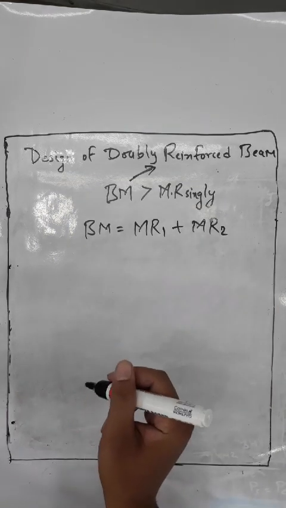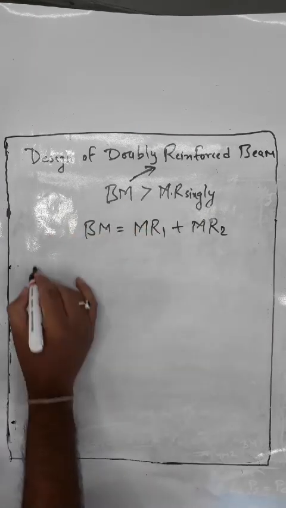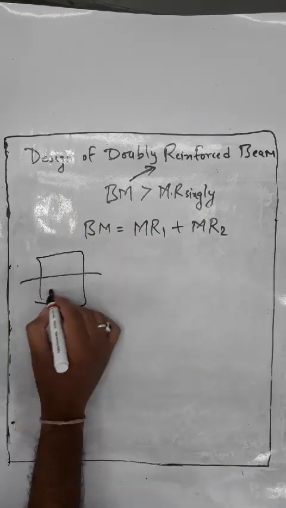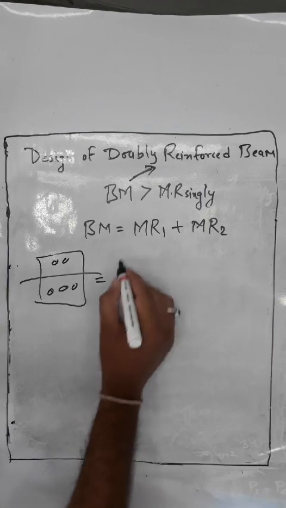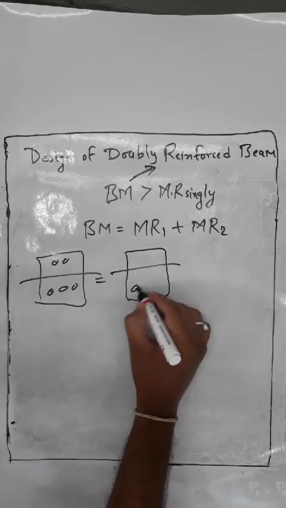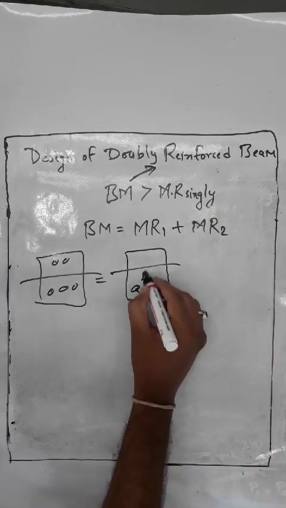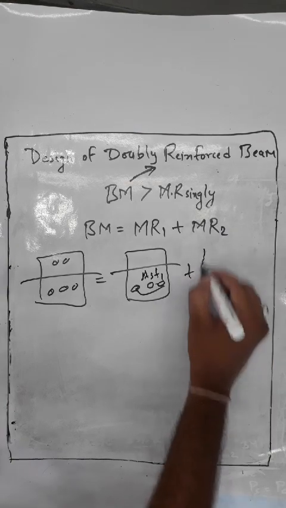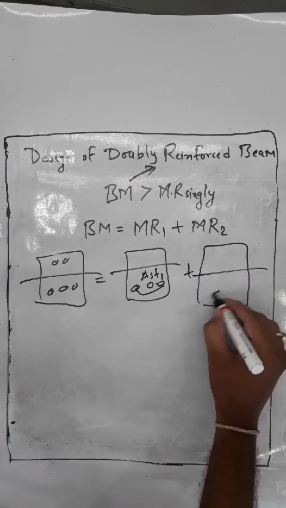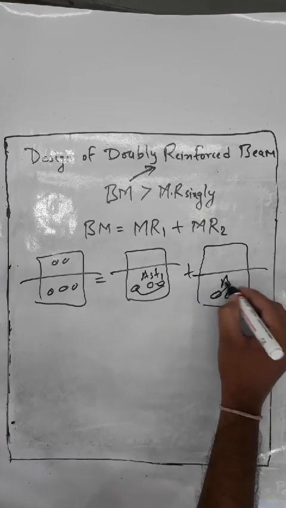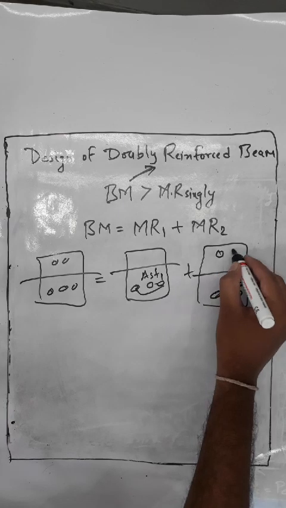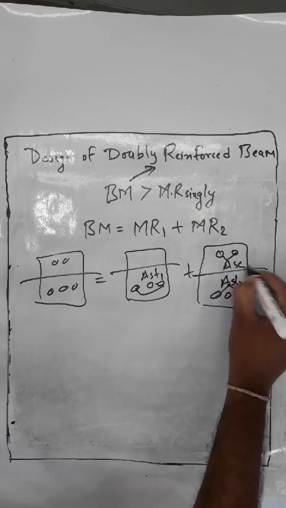Why do we write this? Because in a doubly reinforced section we divide it into two parts. One is called AST1, plus the other is AST2, and here we write ASC.